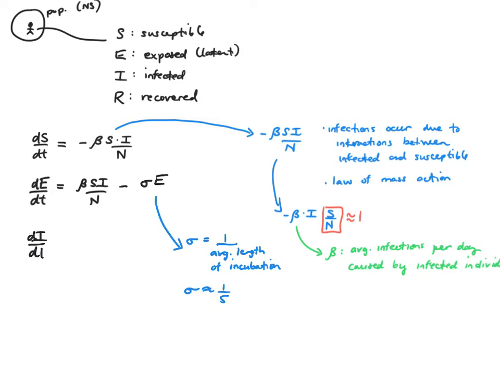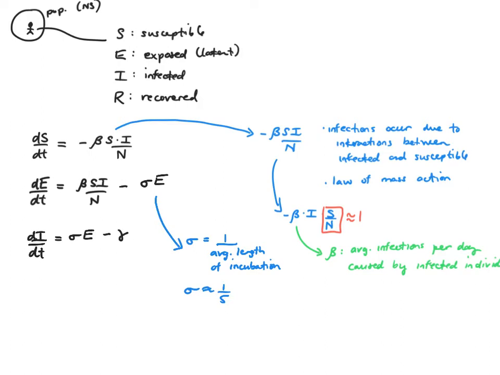So now we have the rate of change of the infected class being sigma E. It's those that have moved out of the exposed class and are flowing into the infected class. So that's the rate in there. What is the rate out of dI dt? Well, you can leave the infected class through two routes. The majority will recover, and I'm going to use a gamma to refer to that rate.